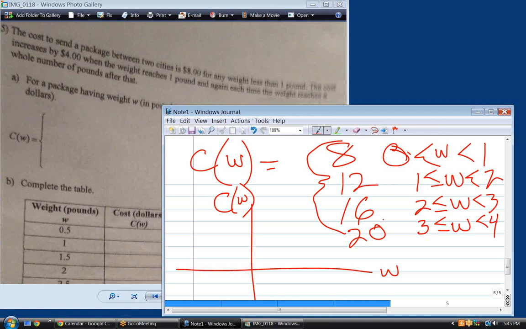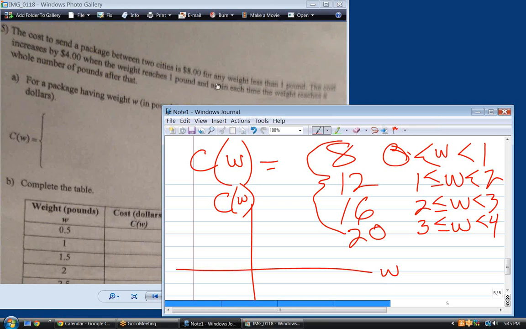But is that so? Is 1.5 a whole number? Well, or does it have to go to 2 pounds? Yeah, 1.5 is here, but the cost is $12 according to this. The cost increases by $4 when the weight reaches 1 pound. Well, if you increase 8 by 4, you get to 12. Right.